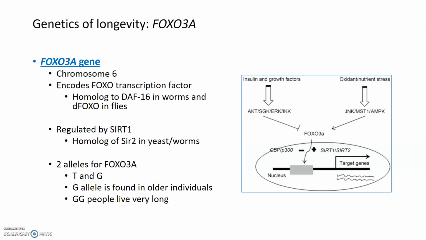Another gene that has been implicated in GWAS studies is the FOXO3A gene, which is on chromosome 6, and it encodes a FOXO transcription factor, which is something we've talked about a bit in the genetic model organisms. So DAF16 in C. elegans and D-FOXO in flies are homologous to this FOXO3A transcription factor in humans.